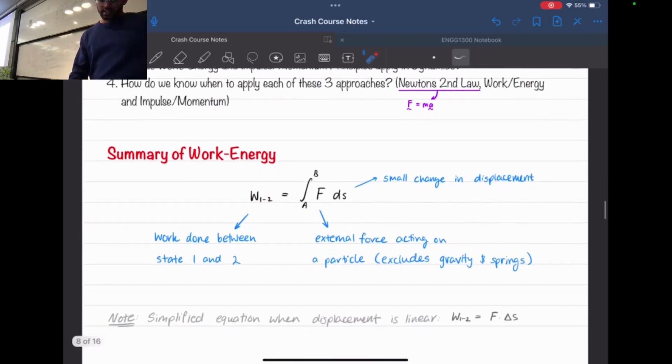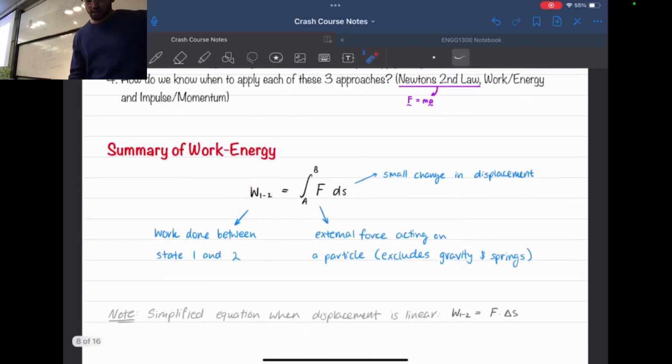So a summary of work and energy. This is a formula you guys will be seeing quite a lot.